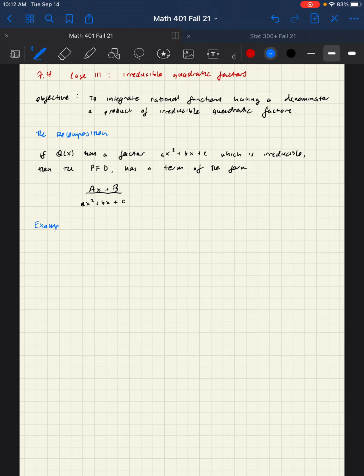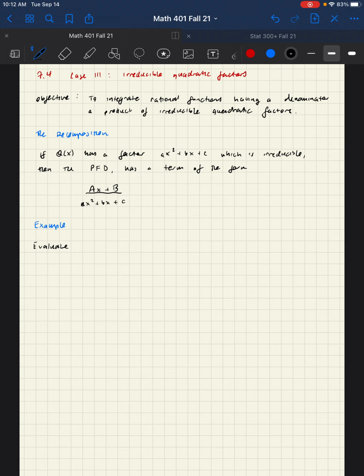So our first example, we'll start with an example in which we have one irreducible quadratic factor and we still have some maybe repeated linear factors.